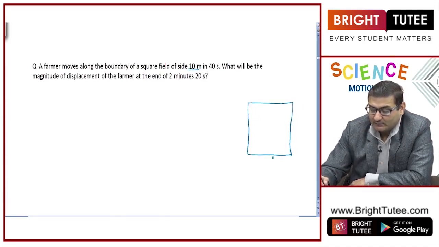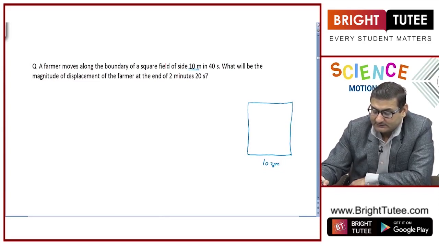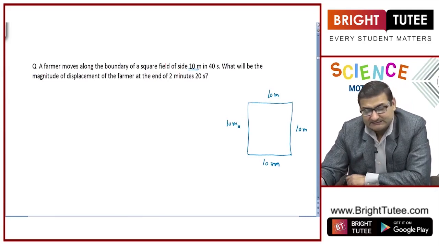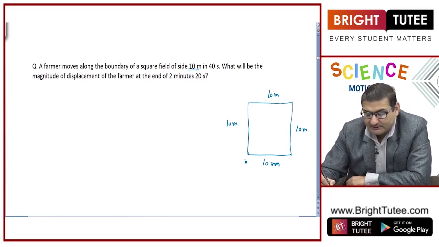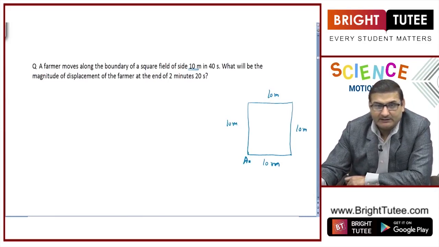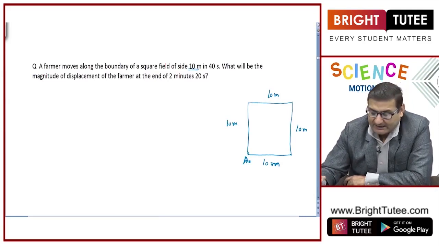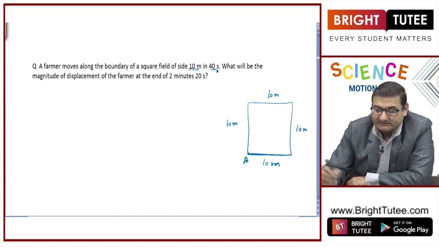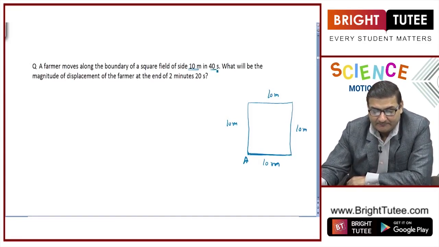The side is given to be 10 meters, and we know that if it is a square, all the sides will be 10 meters, right. Let us say from this particular initial point A, the farmer has started moving and it has moved along this particular side 10 meters in 40 seconds, right.